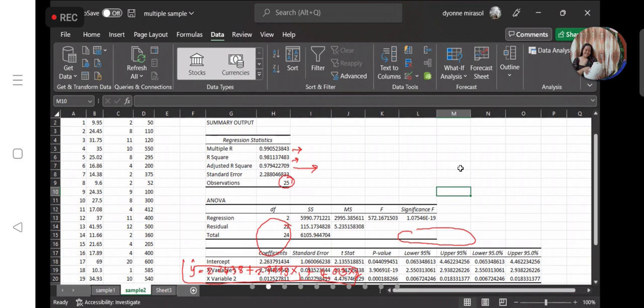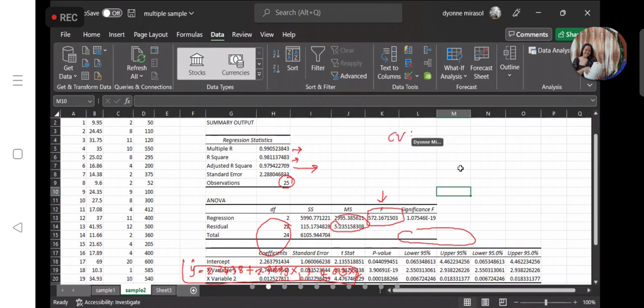Our estimator of variance is 5.235. Our test value is 572, the F test value. So we try to find the critical value.